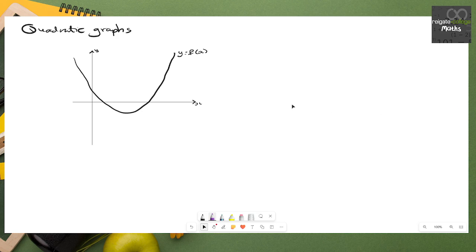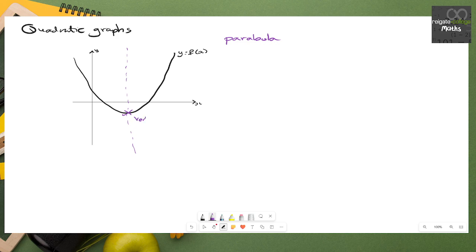So I've drawn a basic positive quadratic graph here. As we've said in previous videos, the name of this curve is a parabola. Parabolas have an important feature that they are symmetrical about the vertex here.